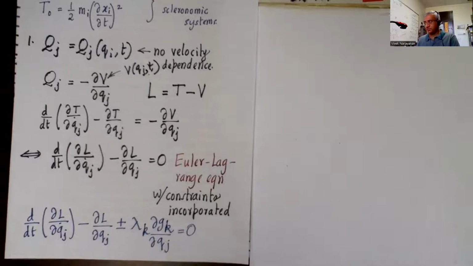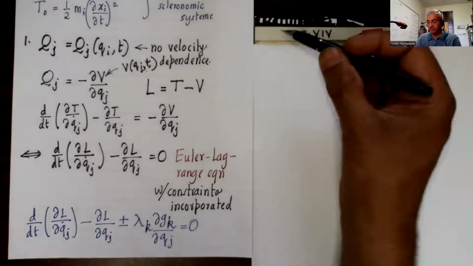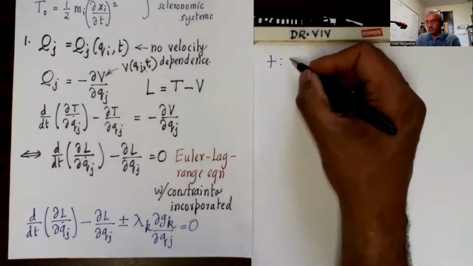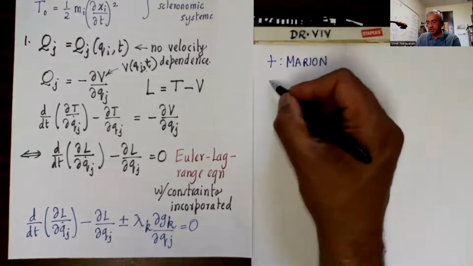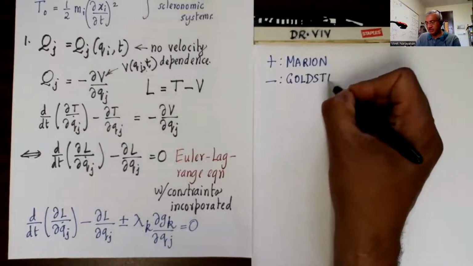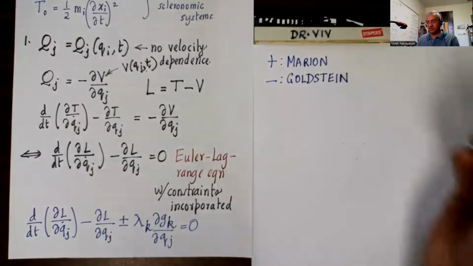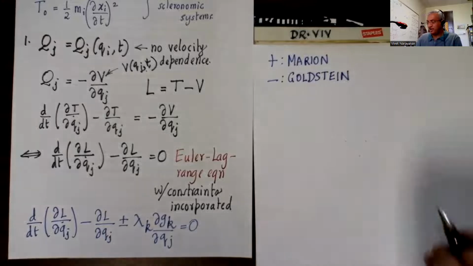Incidentally, the plus sign is found in books like Marion. It's an intermediate level book. And the minus sign is found in books like Goldstein, and that is the classic graduate level book. Okay, I really don't care, plus or minus signs.